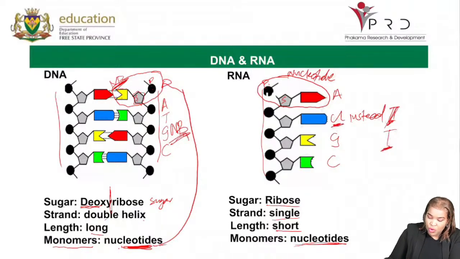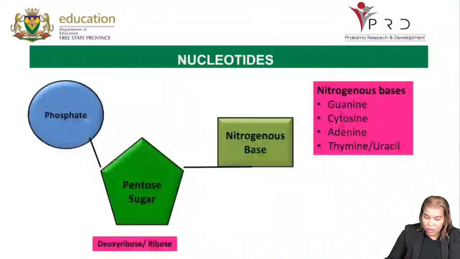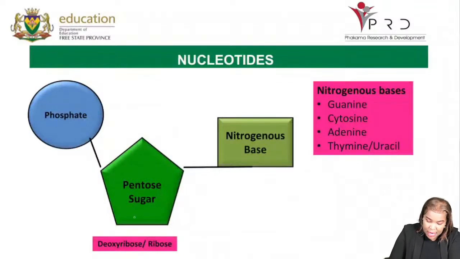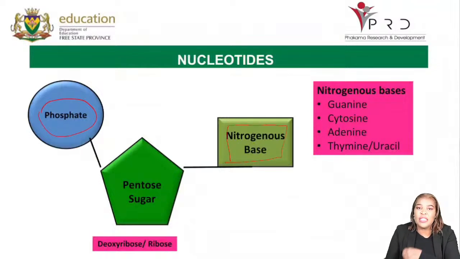So I hope you remember the structure and the molecule, how they are. This is just to explain further what a nucleotide looks like. Remember, you have your pentose sugar, your phosphate group, your nitrogenous base. And we did say that the nitrogenous bases may differ in DNA or in RNA.